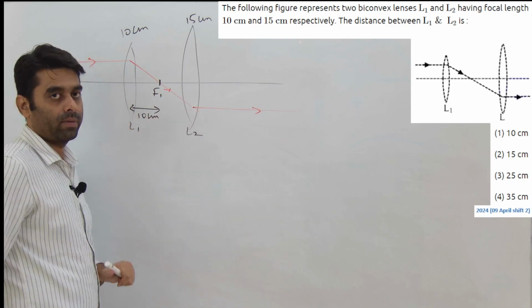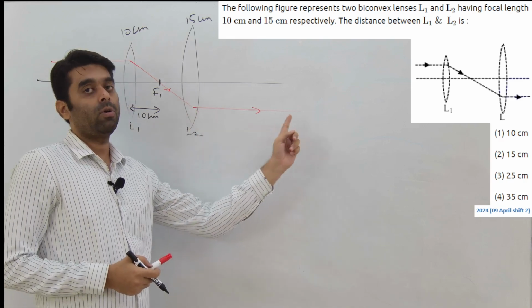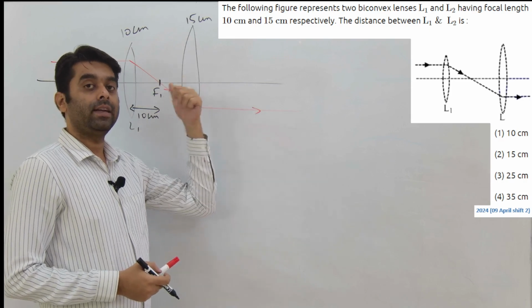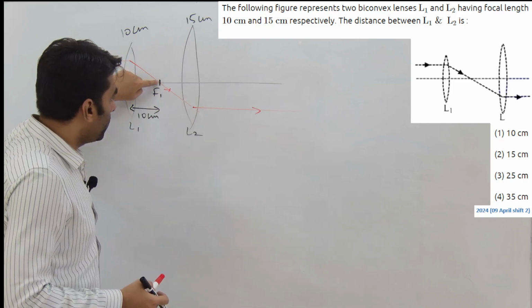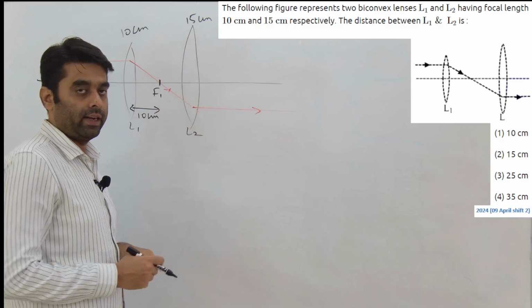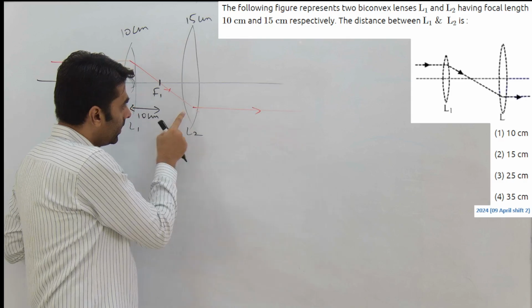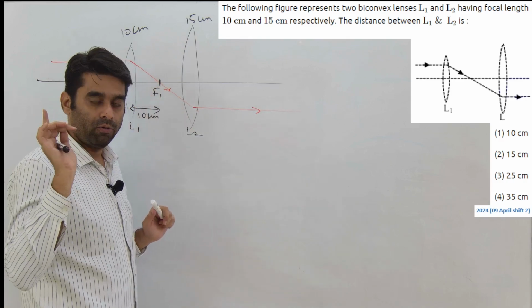That implies this distance is 10 centimeter. Also, we are aware that if a light ray is emerging out parallel, that means the incident ray was passing from the focus of the lens. That implies this point is also the focus of second lens. If light is coming parallel, that means the incident ray must be coming from the focus of the lens.